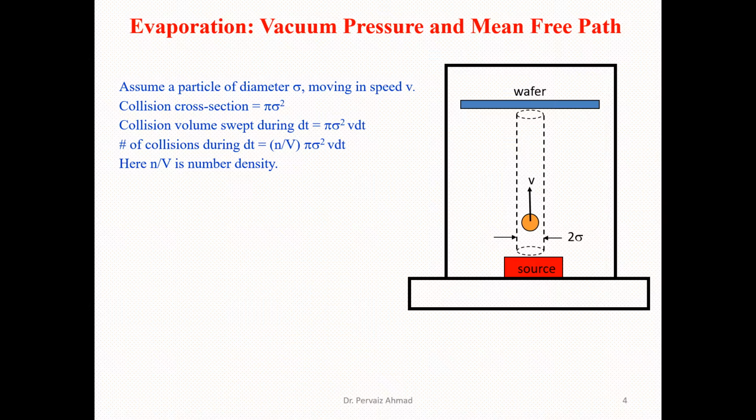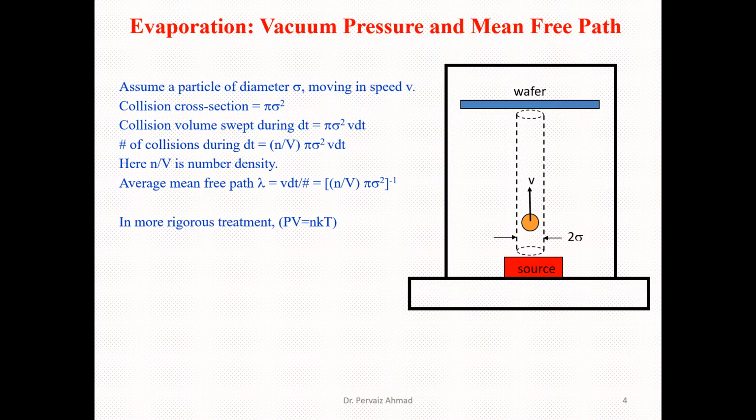We remember that in this particular relation, n over v normally means the number density. So the mean free path, which we denote by lambda, is equal to v dt divided by the number of collisions, which in turn we can write as n over v into pi sigma square, whole raised to power minus 1.